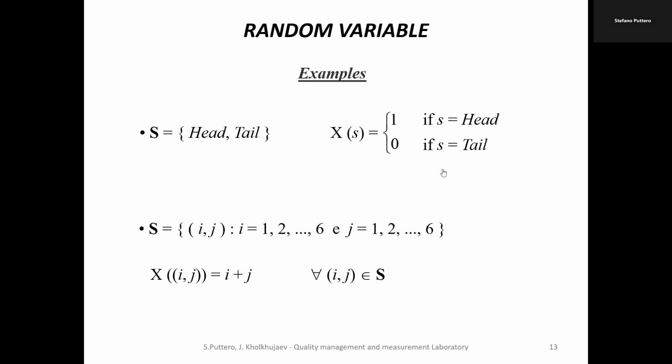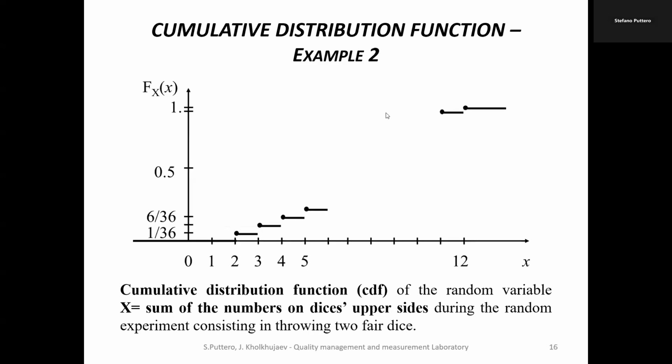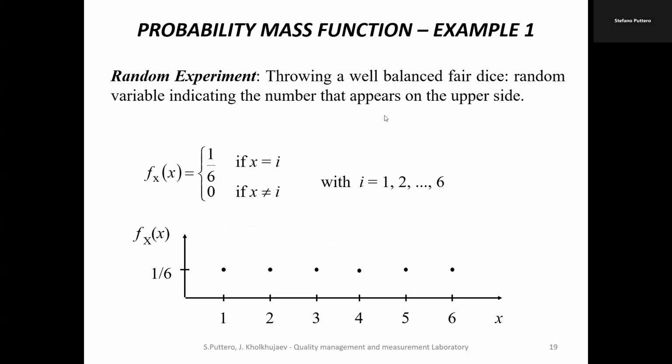And in the previous lesson, we saw different examples of discrete random variables, so variables that can assume only predefined values. For instance, if we roll a die, we can obtain only 6 possible values that are the sides of the die: 1, 2, 3, 4, 5, 6.